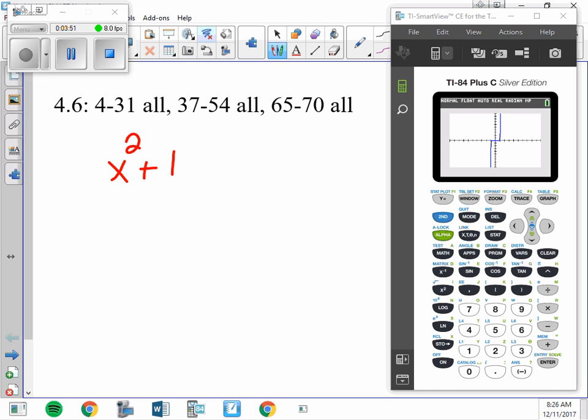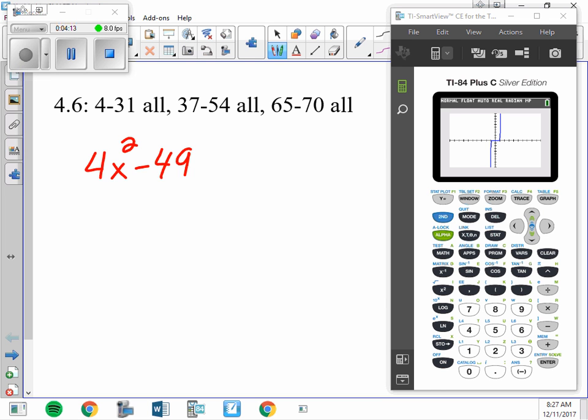How would that factor? It doesn't. Why not? It's a plus. Right? It has to be a subtraction. We cannot say x minus 1 and x plus 1 because negative 1 times positive 1 is not positive 1, so that doesn't work.